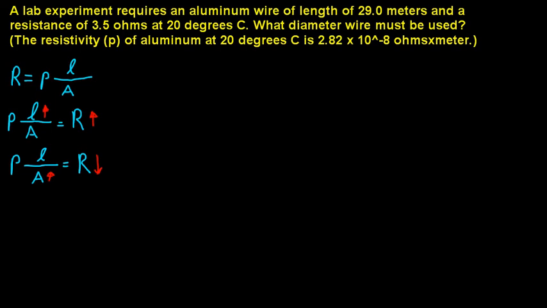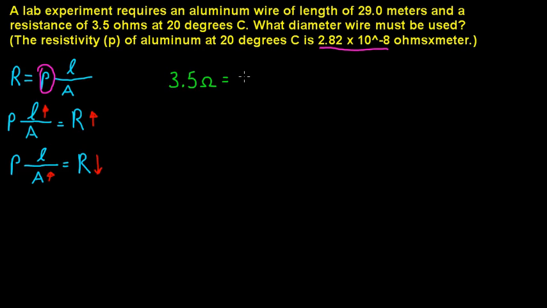So we know that the resistance must equal 3.5 ohms. And we already know that ρ is going to be equal to this right here.